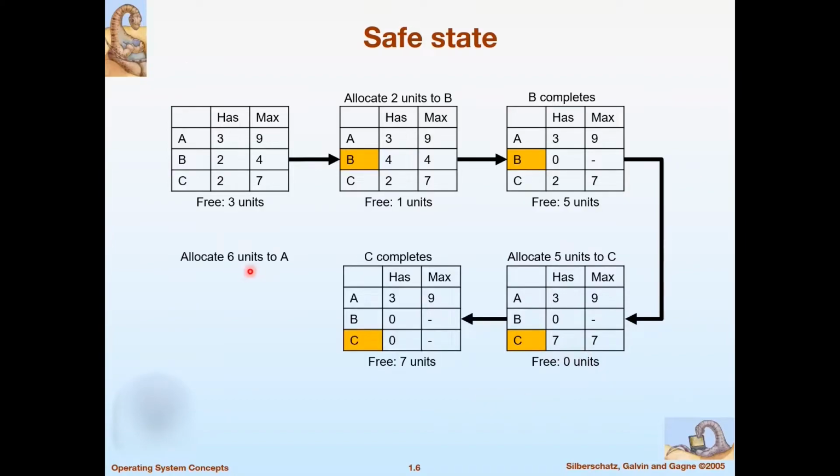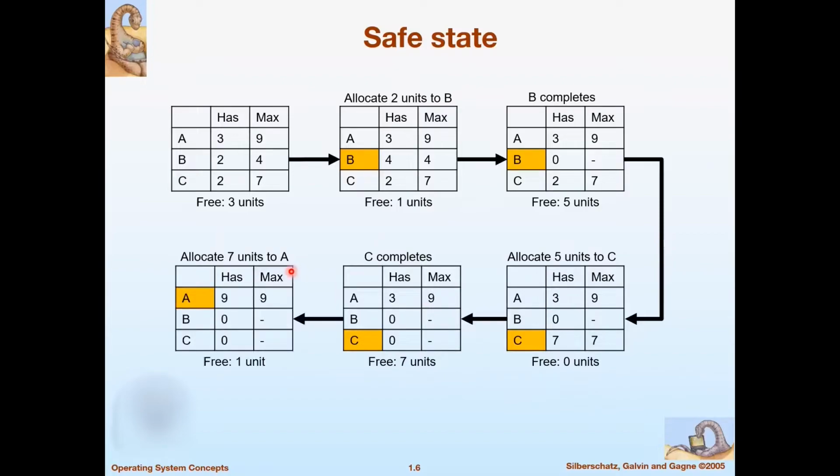Now the system could allocate the resources required by A. That is, A requires 6 more units to get its maximum limit of 9 units. So we have 9 units allocated to A and 1 unit which is free now.